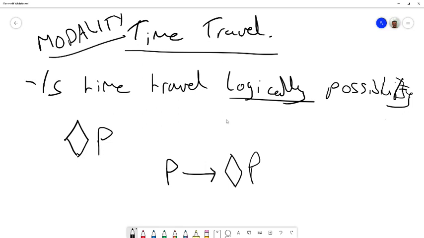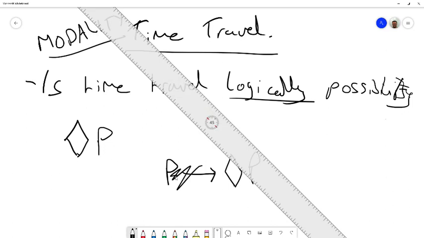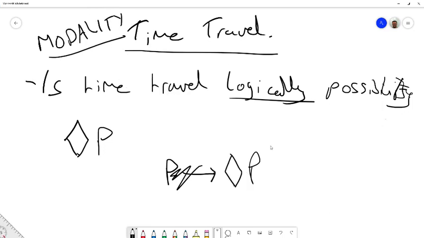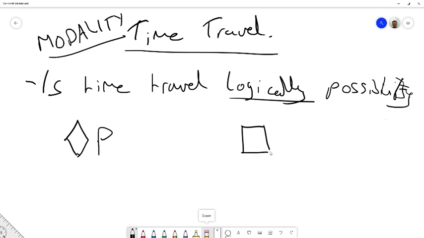The reason I'm introducing these symbols, we're not going to be talking much about the symbols here, but it's worthwhile noting that the corresponding symbol for necessity is like that. So necessarily P, in this case, if we have P, necessary that pigs fly.